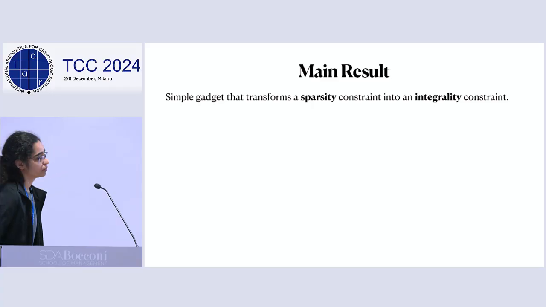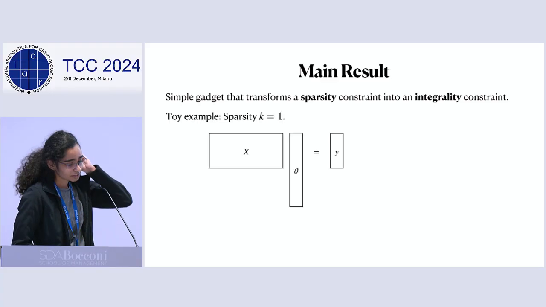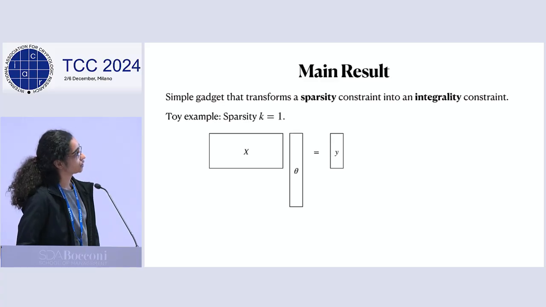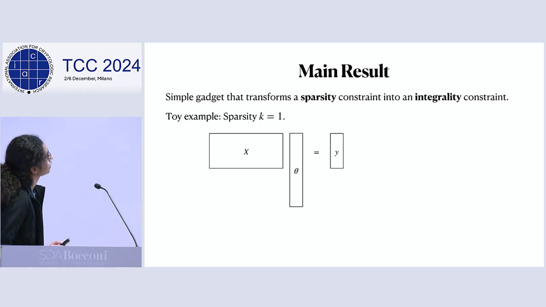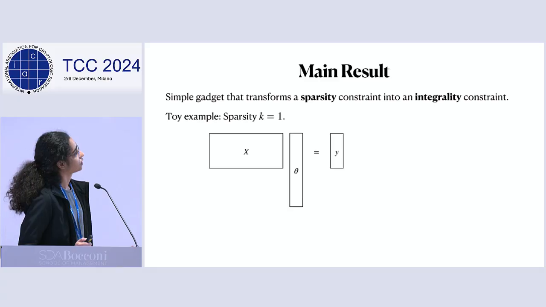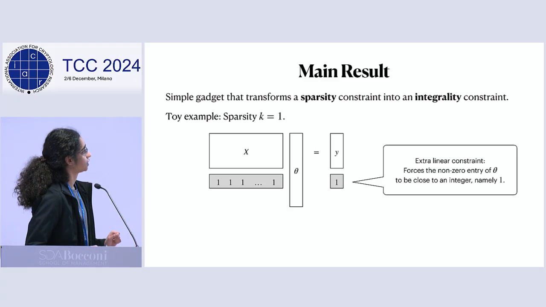Okay, so our main idea is to use a simple gadget matrix that transforms this sparsity constraint into an integrality constraint. To understand, let's consider a toy example where we want to find a theta that is 1 sparse, so it has only one non-zero entry.